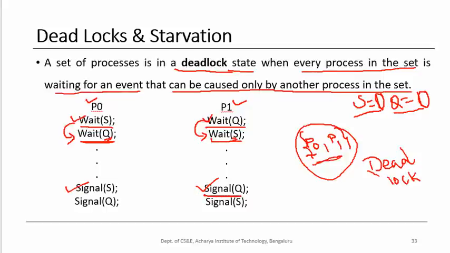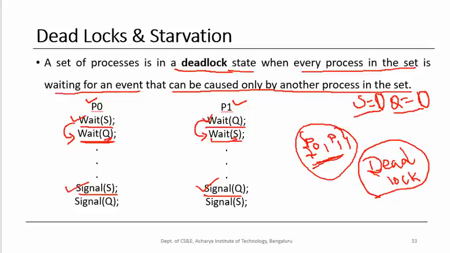So these are the events that could happen by these processes, but both these processes are waiting. So therefore there will not be any progress further. If there are only two processes in the system, none of these processes will proceed and the system hangs, and this state is called deadlock state.